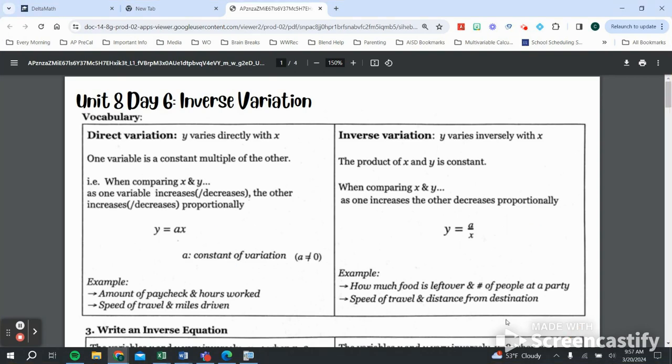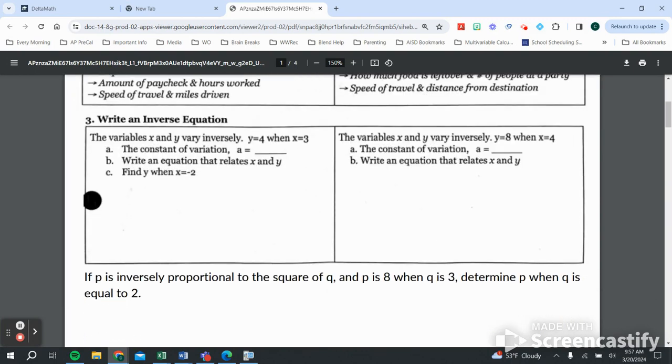All right. So let's look at writing an inverse equation. So it says here, the variables x and y vary inversely. So since we're looking at inverse, we're going to do y equals a over x. We're doing inverse, so this is going to be when we do a fraction, right? So it tells us first we need to find the constant of variation.